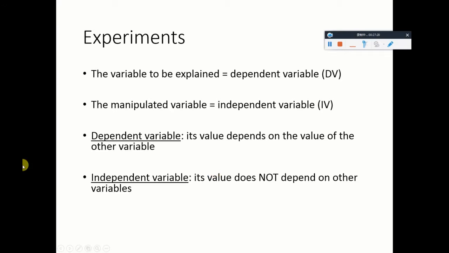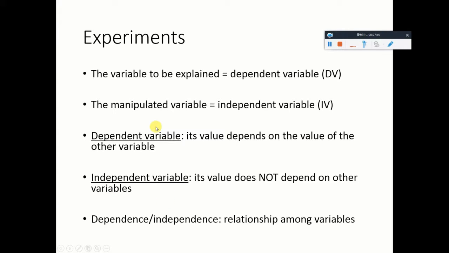Because there's a causal relationship here. This the cause, this the effect. We say cause, effect, cause, effect. Of course, the effect depends on the cause, but the cause should not be dependent on the effect, right? So that's why we call this variable independent variable, its value not being dependent on any other variables in the experiment.